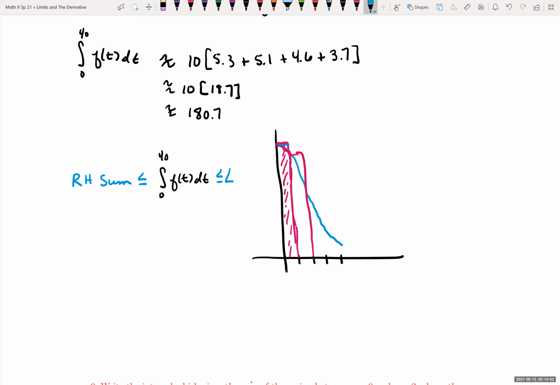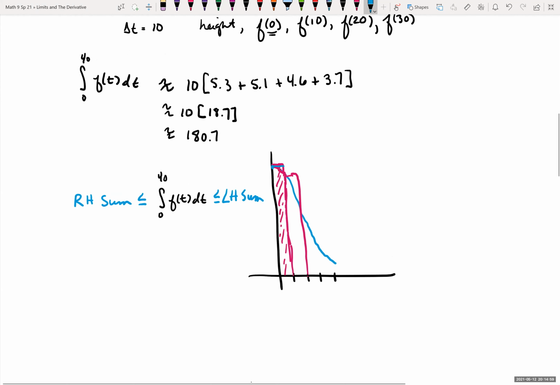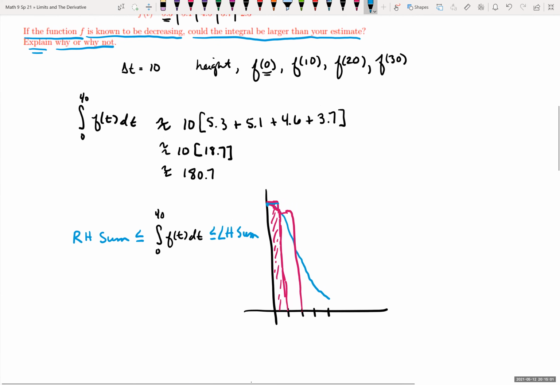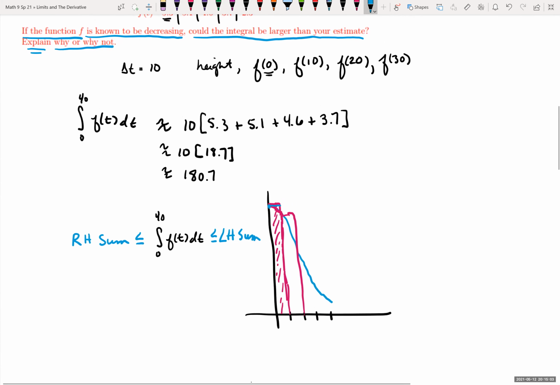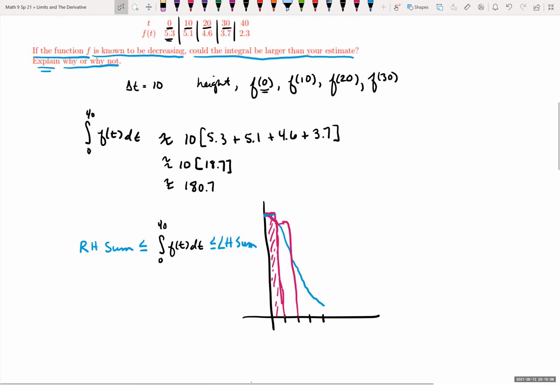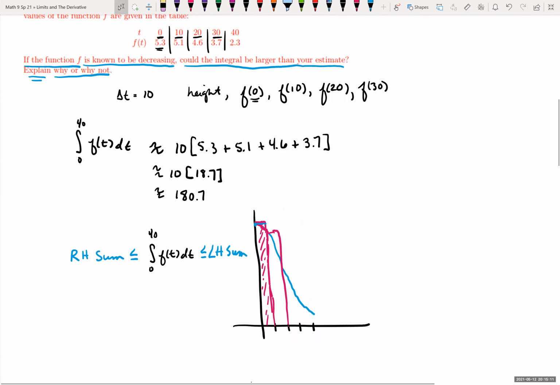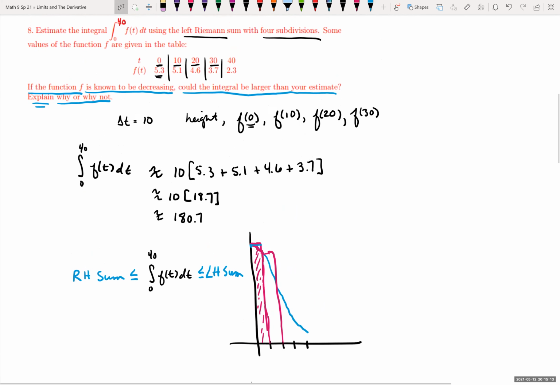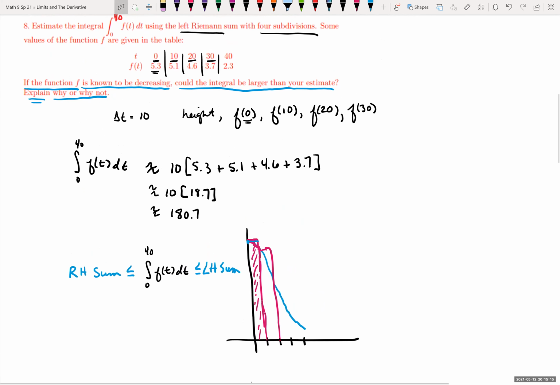And our left-hand sum is the biggest value. And so when it asked us if f of x is known to be decreasing, could the integral be larger than your estimate? Explain why or why not. Yes, because of the decreasing, the left-hand sum, the left endpoint is going to be the highest point on the interval and could give us an overestimate.